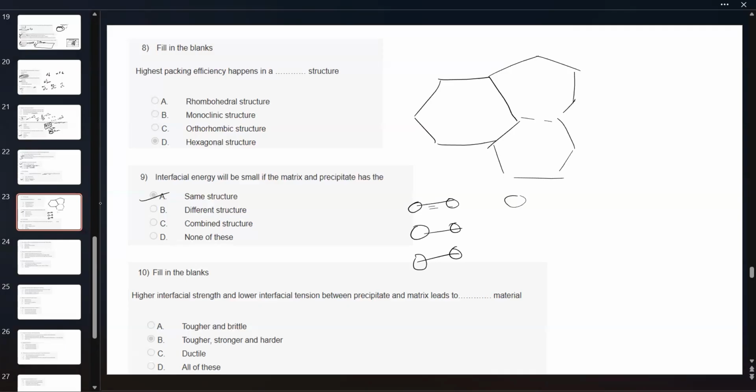If there's a mismatch, like there's no atom here, it's just the spacing is larger, for example larger bond lengths. This one has a bond, but this one is missing a bond.